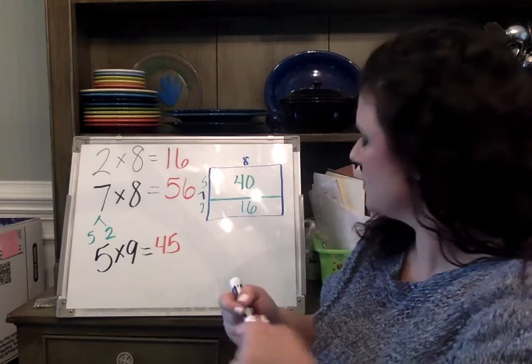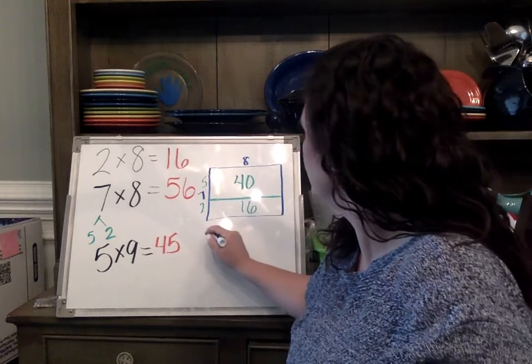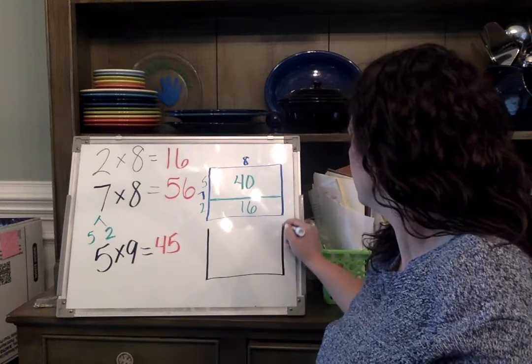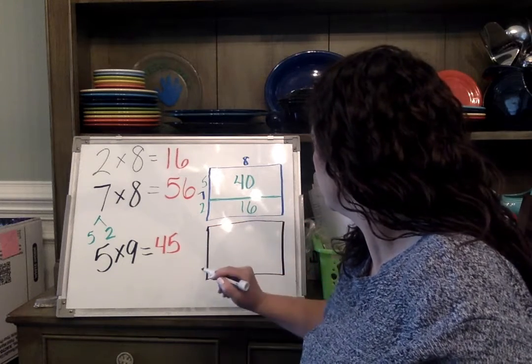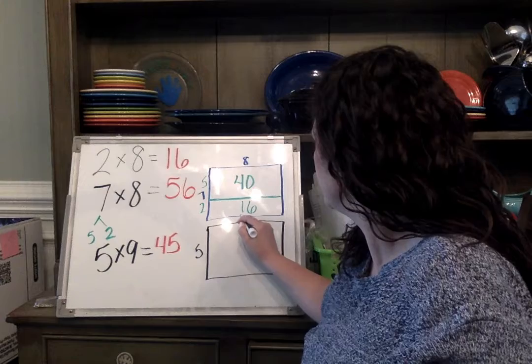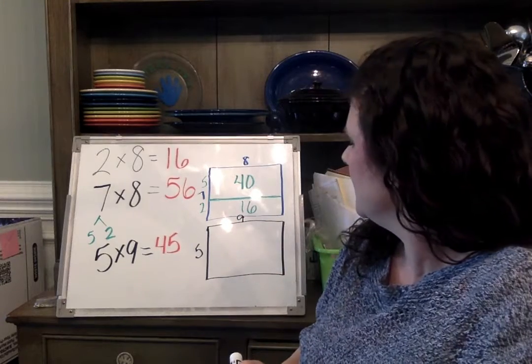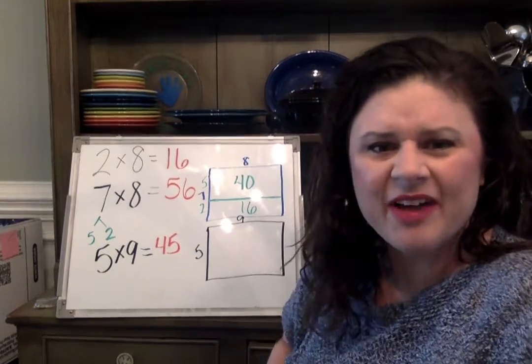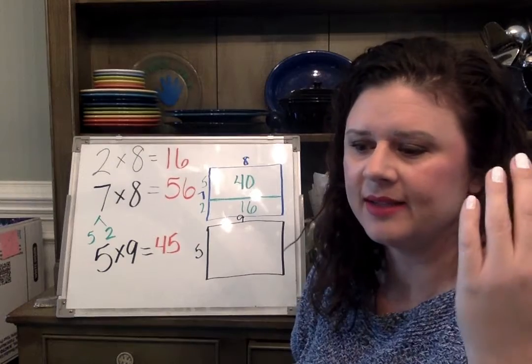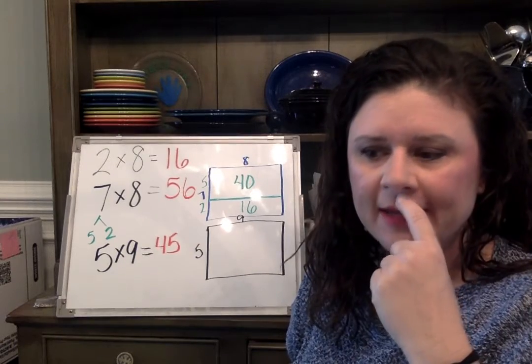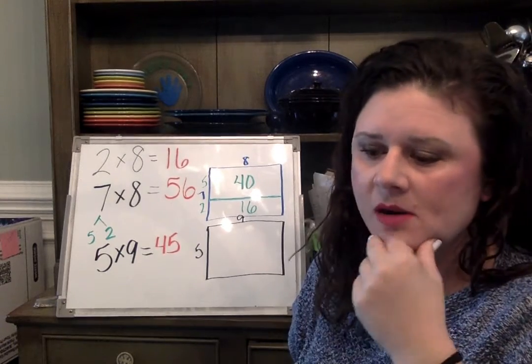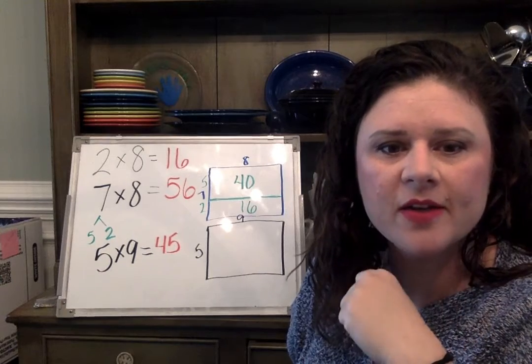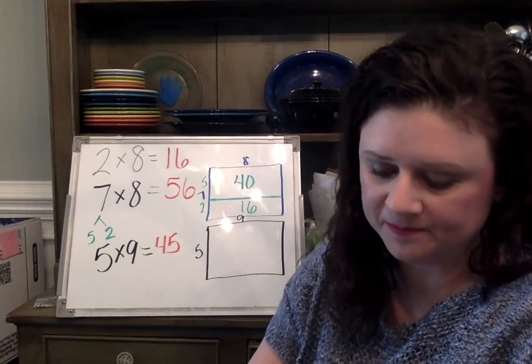What about if I go to draw that open area model? I really don't want to divide that 5 into a 3 and a 2. And that 9, I could do a 5 and a 4. But what's another strategy that we've talked about?